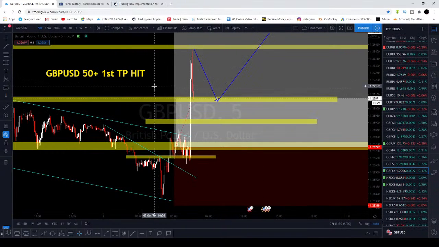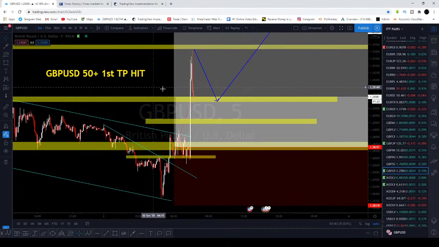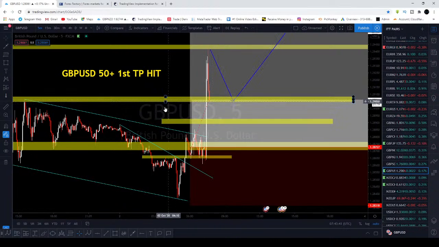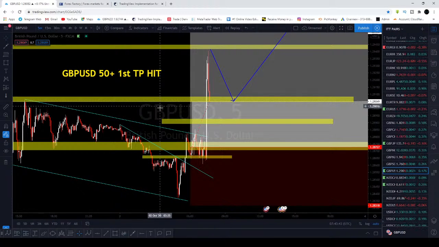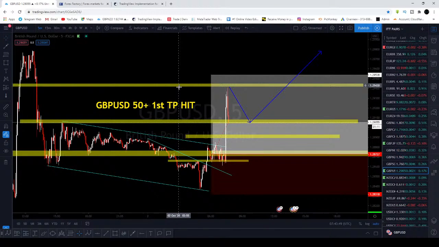Come on, don't go down. You're also expecting a breakout to the upside, not to the downside. I know you are trying to find it. GBPUSD now is just trying to find another support to start going to the upside. That's what we are waiting for.